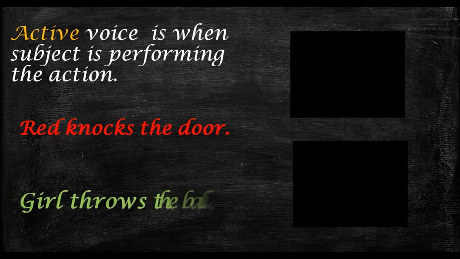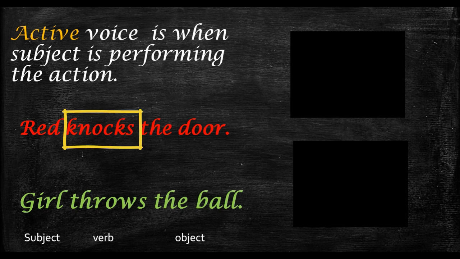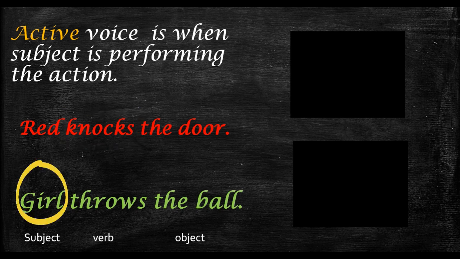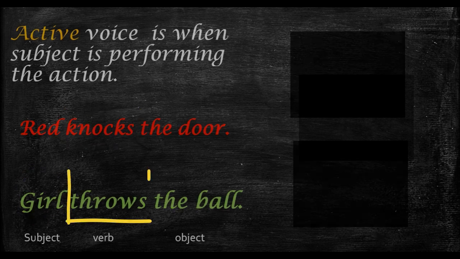So we have a subject, verb and object. So here the subject is performing the action, where in our first sentence the grammatical subject Red performs the action described by the verb knocks, and in the second the girl performs the action described by the verb throws. These are examples of active voice.